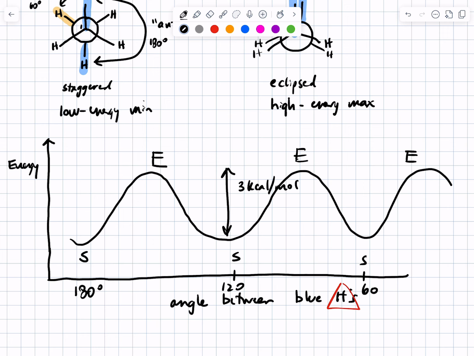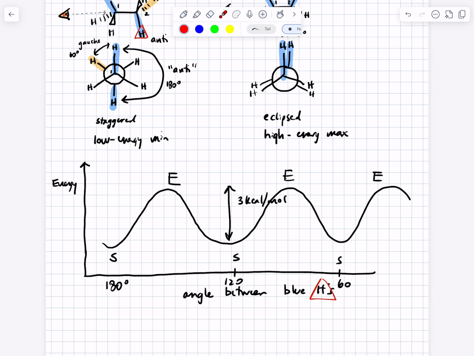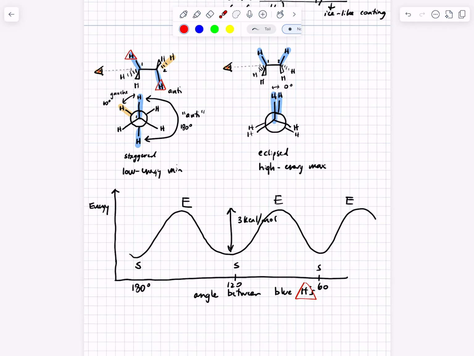Molecules don't stay there for very long at all. Minima are places where molecules can equilibrate. If you have enough energy at room temperature to traverse these boundaries freely, then the molecule is going to be rotating quite easily. All right, questions about all of that?